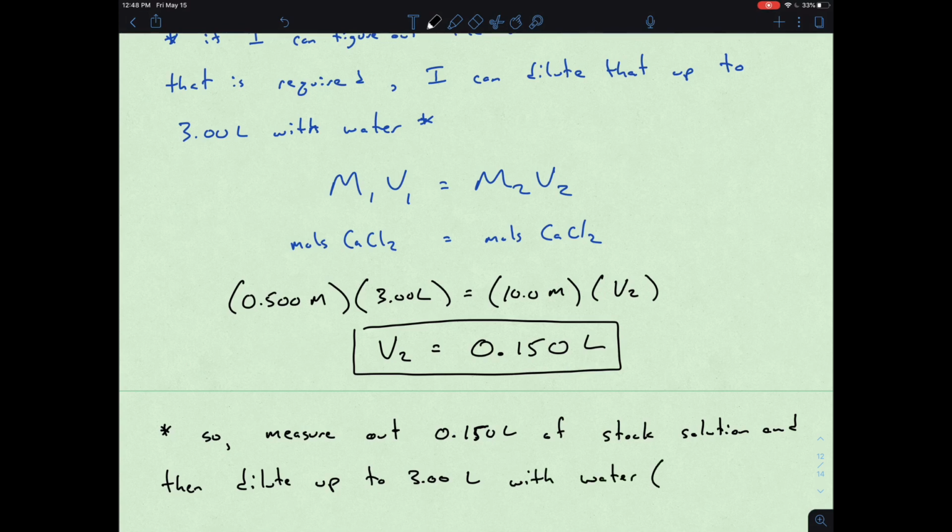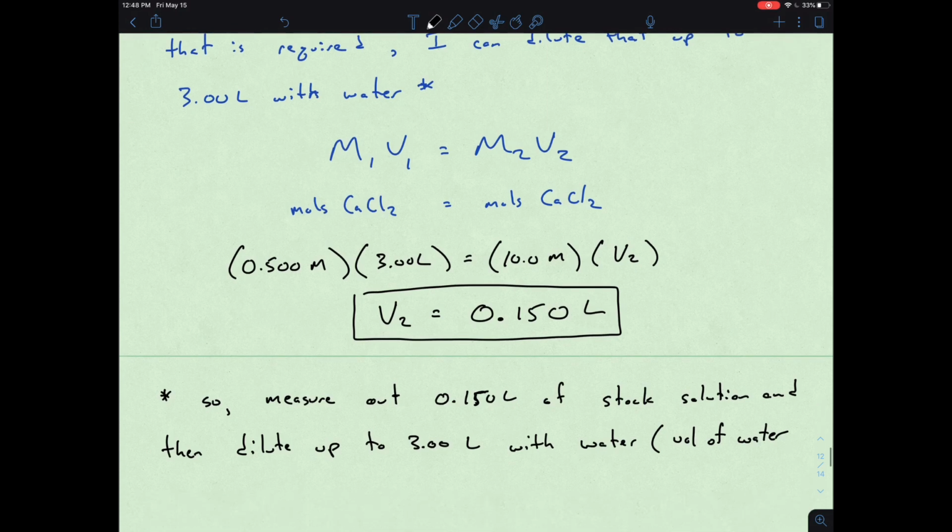So the volume of water addition would just be the difference of the two, or 2.85 liters.